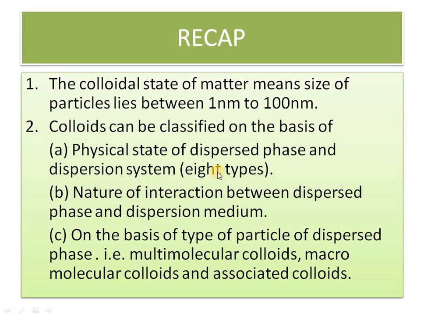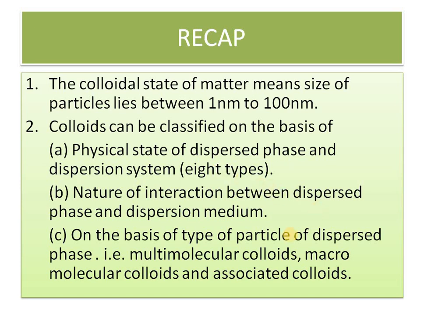Okay, so now what we have studied so far, we have discussed not about the crystalloids. Now we are going to discuss only the colloidal state, and this state says that the particle size is 1 nanometer to 100 nanometer, and colloidal particle classification we have discussed on the basis of dispersed phase and dispersion medium and 8 different systems. With examples we have discussed nature of interaction.